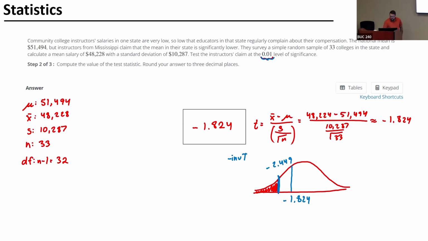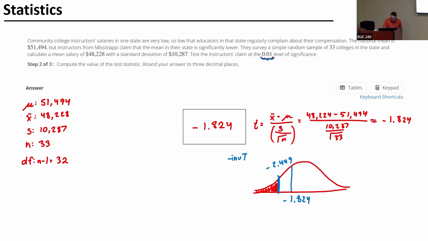Not a problem. Remember to get to your inverse T, look at my calculator because I always mess that one up. You have to hit your shift key, that's going to be your second key. And then you're going to hit your VARS key or your distribution key.